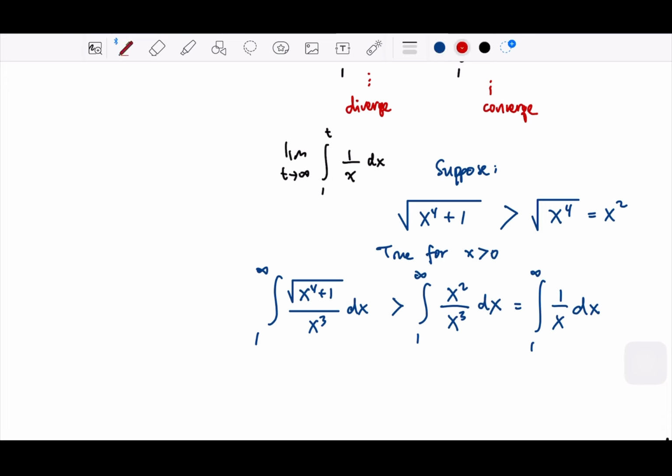Now, this diverges, which means that this will be diverged.